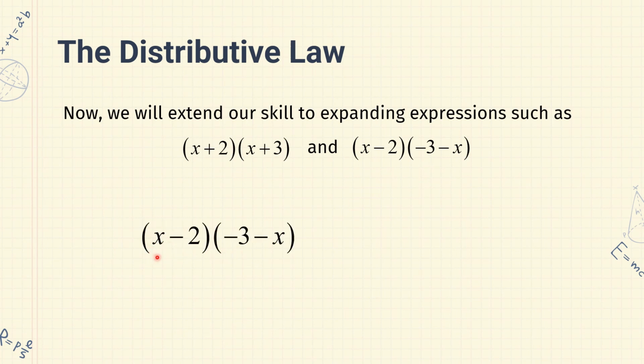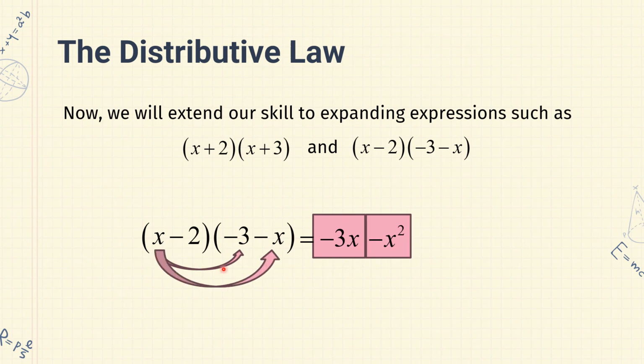First term in the first pair of brackets to multiply with the first term in the second pair of brackets, and that will result in a negative 3x. Then, first term in the first pair of brackets with the second term in the second pair of brackets. Because this is a positive x multiplying with a negative x, it results in a negative x squared. This is also the similar reason why earlier on it is a negative 3x.